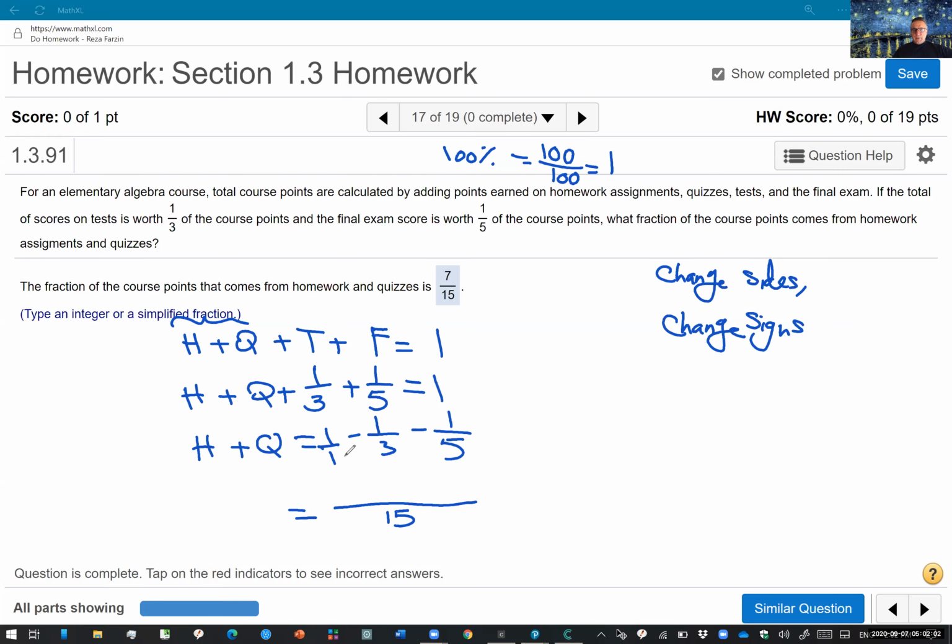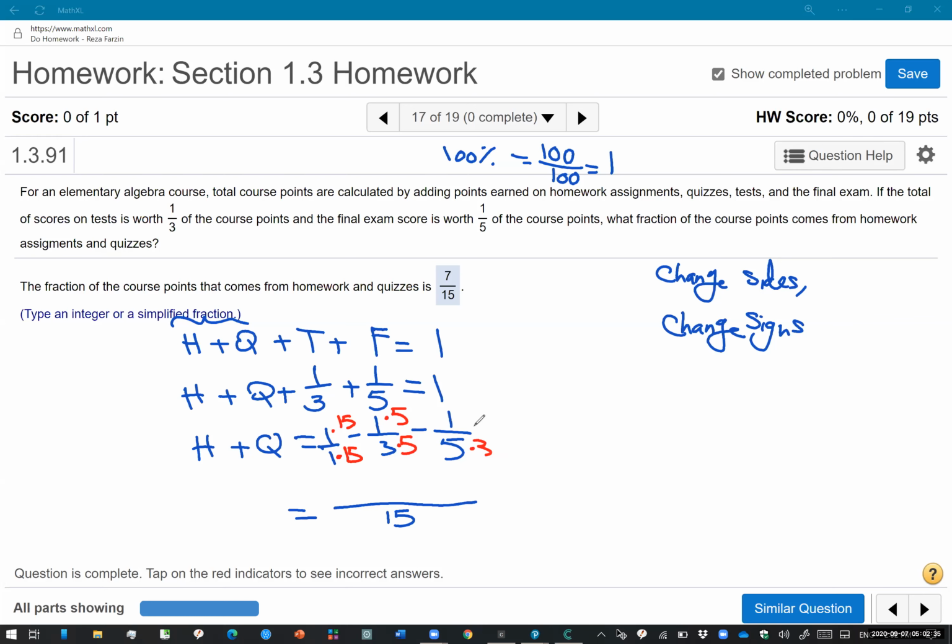What do you need to multiply the first denominator by to make it 15? 1 times what gives you 15? 15. Nice. So make sure you do the same on the top. 3 times what gives you 15? 5. Right. Don't forget to do the same on the top. And 5 times what?